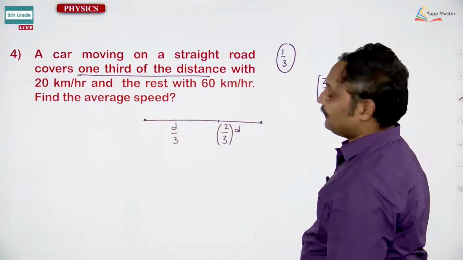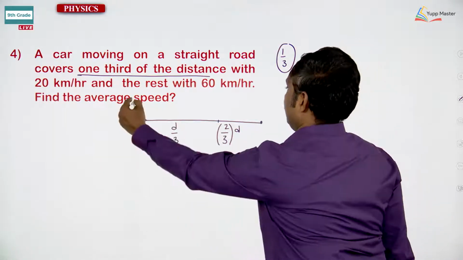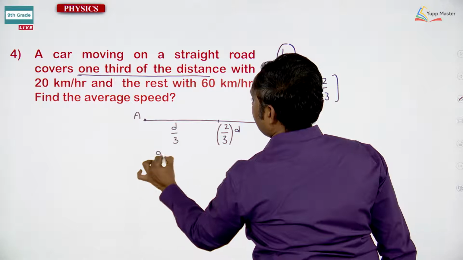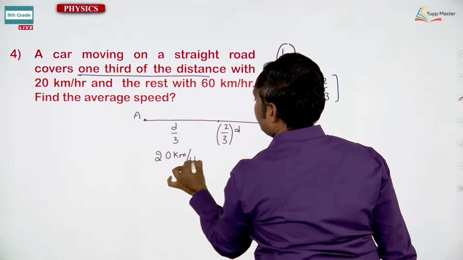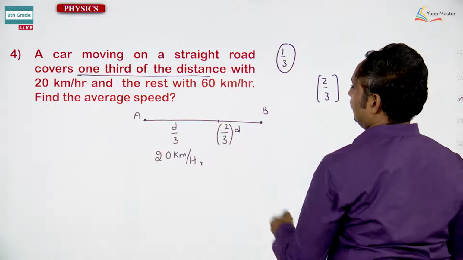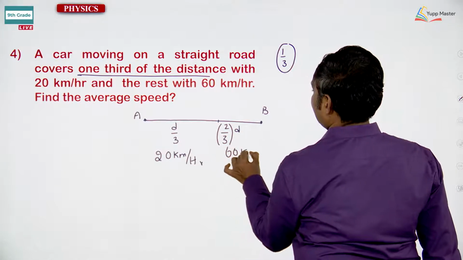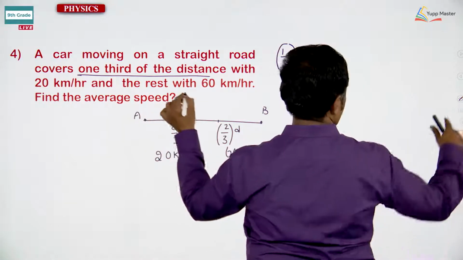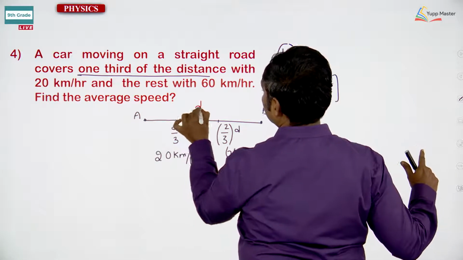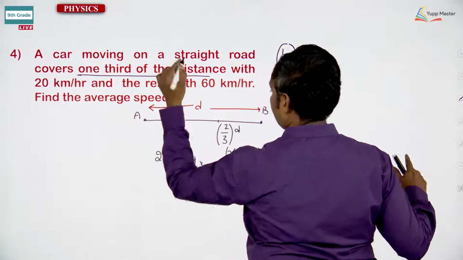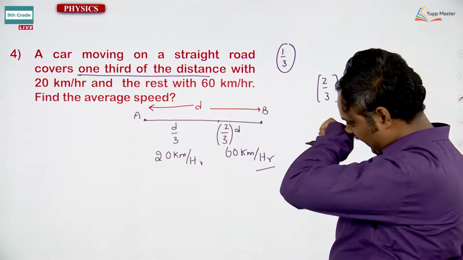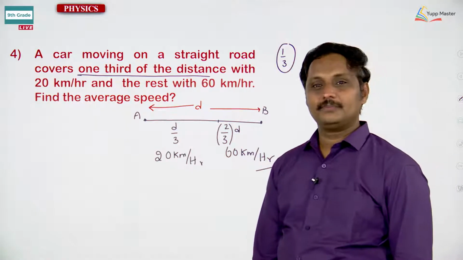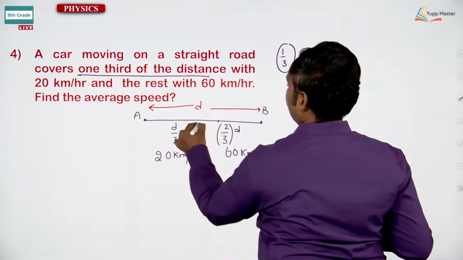Now, what have they given? They have given the speeds: 20 km per hour for the first part, and here also they have given 60 km per hour. The total distance is going to be d. So you can easily find the average speed.